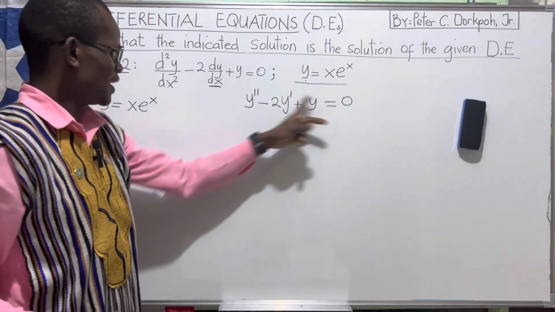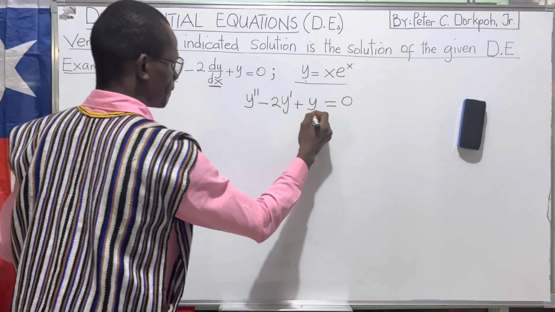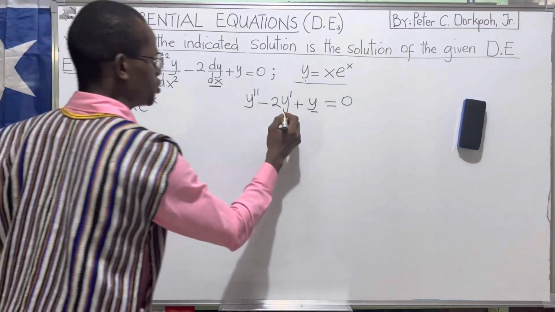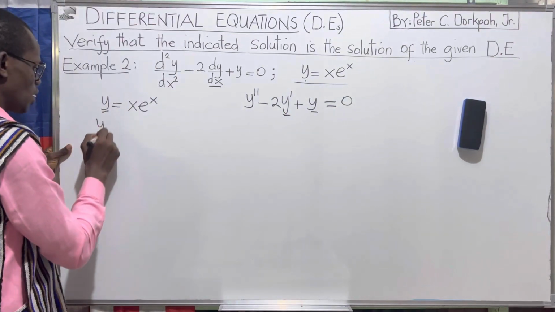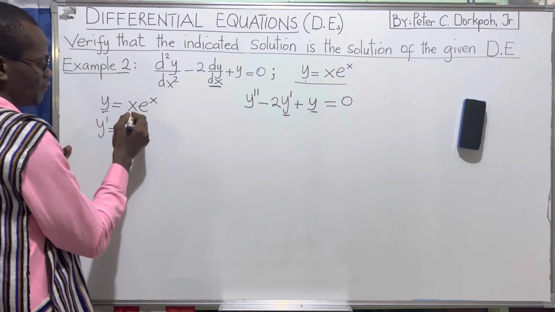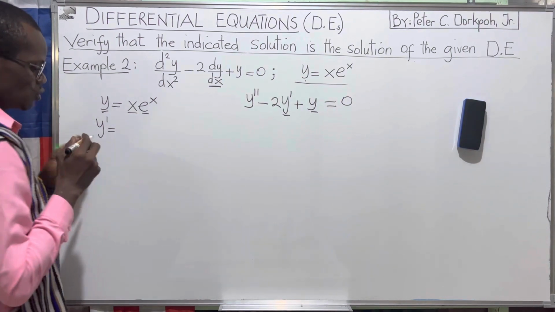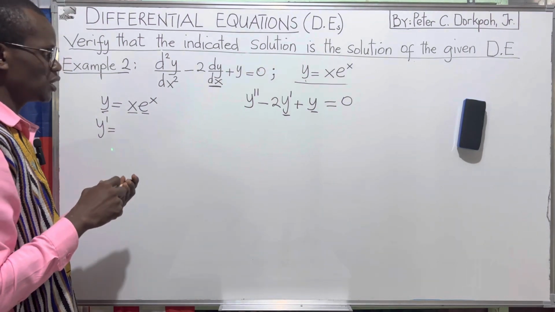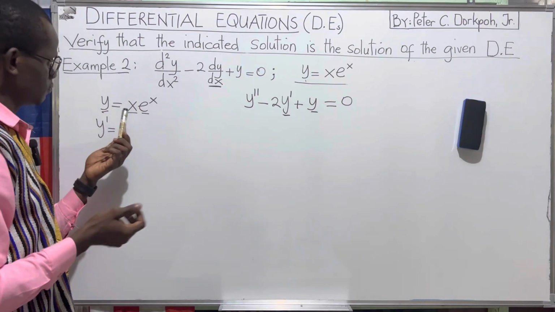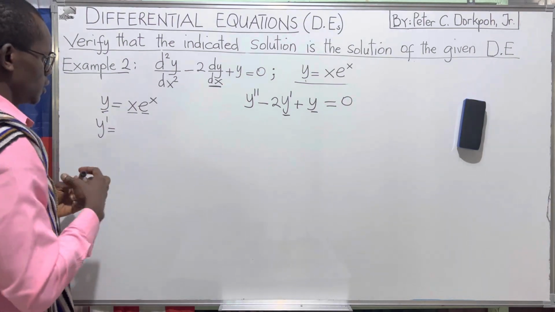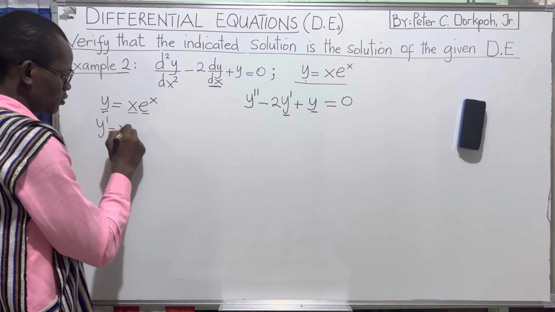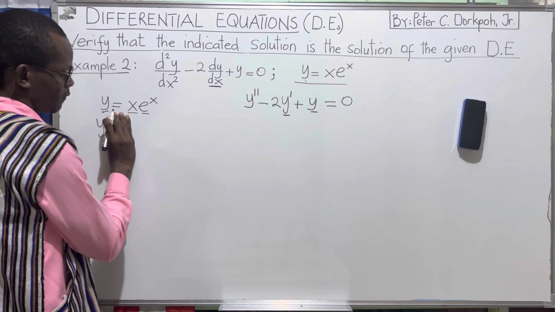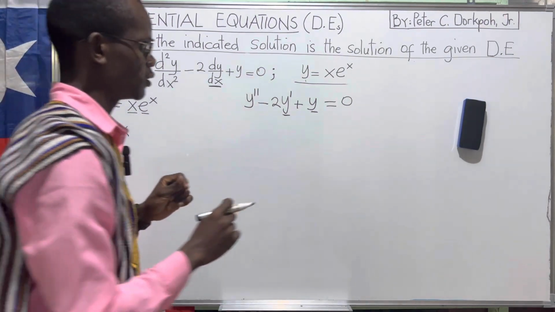With this idea now, we know our y, which is this. We need to know our y prime, so we differentiate this. Now we have two functions. In our video on the product rule of differentiation, we told you to hold one of the functions constant without differentiating, and you differentiate the second function.